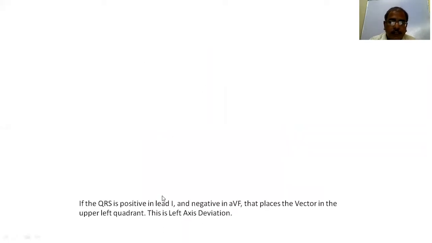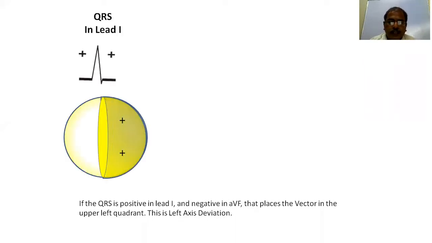Now, earlier we discussed QRS positive in both lead 1 and AVF. Now, if the QRS is positive in lead 1 and negative in AVF, then what will happen? In lead 1, the left half is positive and the right half is negative.